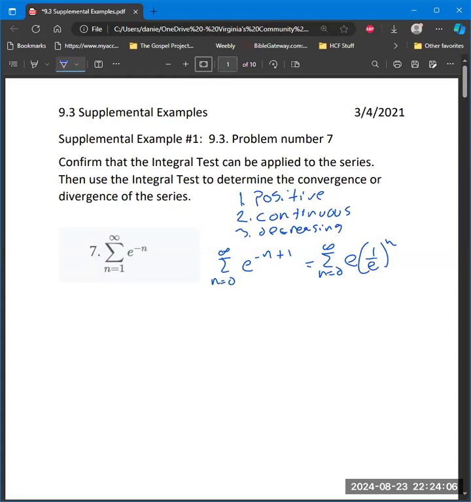And this will be my a naught, and this will be my r. My r is between 0 and 1, so this converges. S is going to be equal to e over 1 minus 1 over e, which is e squared over e minus 1. So I can not only tell you that it converges, but what it converges to.